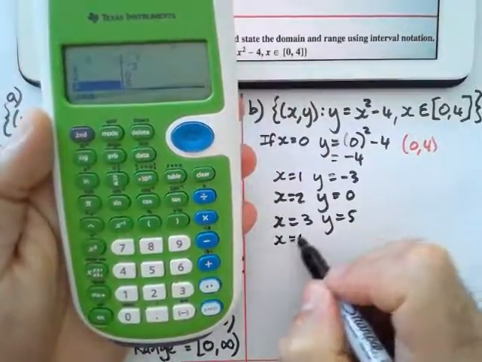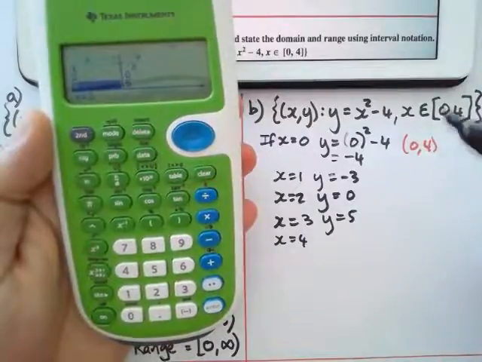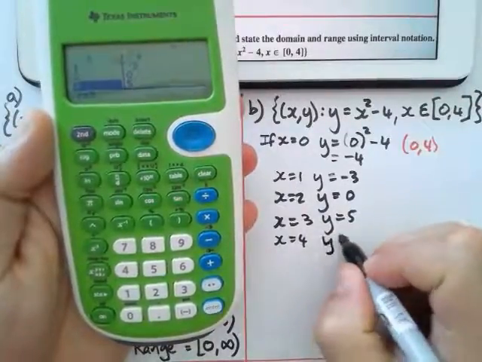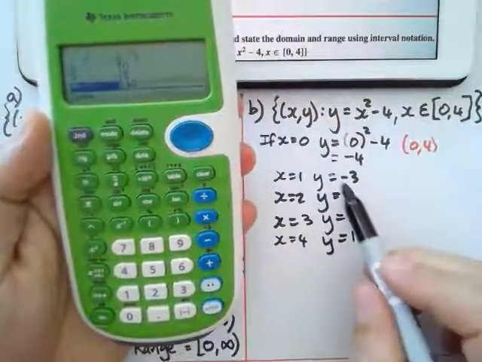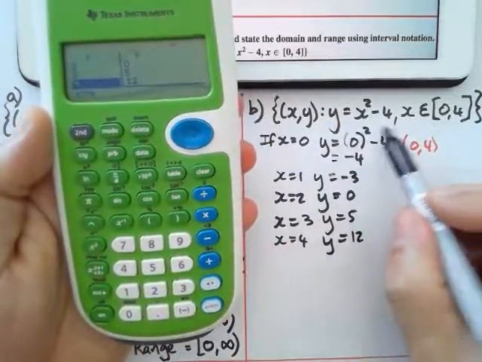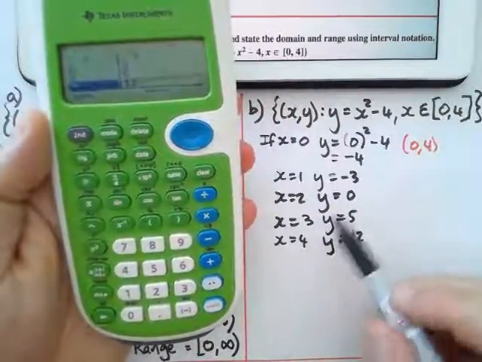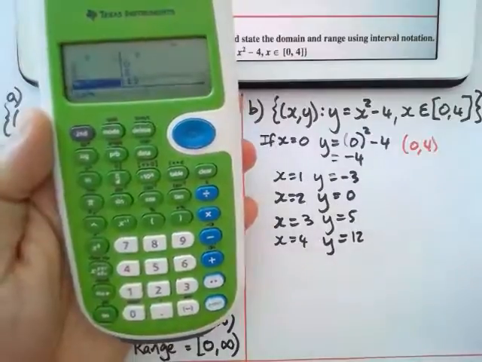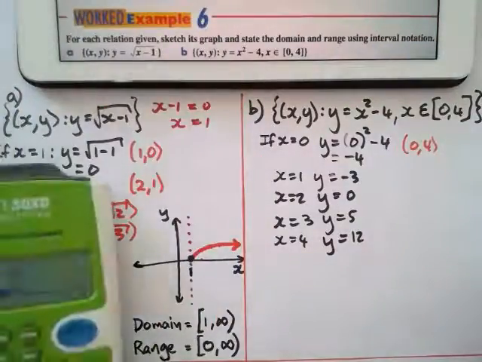When x equals 4, I want at least the first one and the last one. When x equals 4, y equals 12. Now you don't have to do the substitution every time. As long as you show once how you got it, I don't care how you do this. You can do it mentally, you can do it with your calculator, as long as you don't get it from the friend next to you.